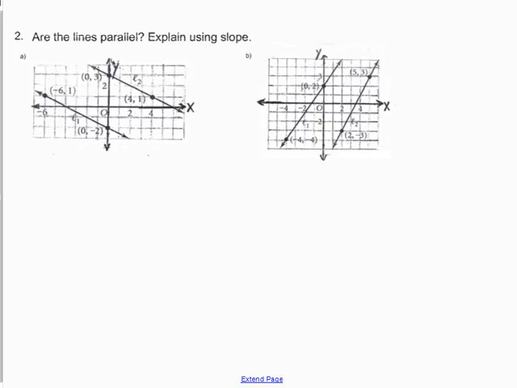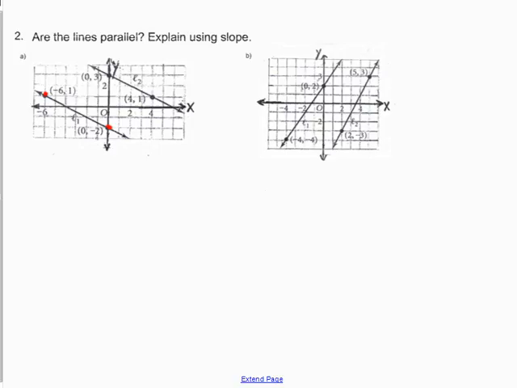Next one. We have to figure out if these lines are parallel using slope. Okay, well, this is easier because we can just count the slope on these two lines. So if I count left to right, I'm going to count from this point to this point, and then put it as a fraction.